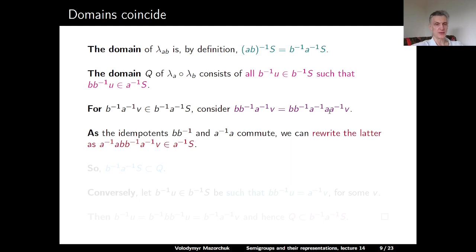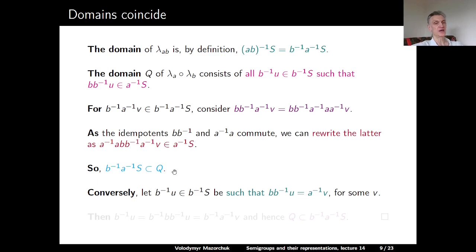So we can swap them and get an element A inverse A B inverse A inverse V, and this element is manifestly an element in A inverse S. So this means that B inverse A inverse S belongs to Q. So we have proved inclusion in one direction.